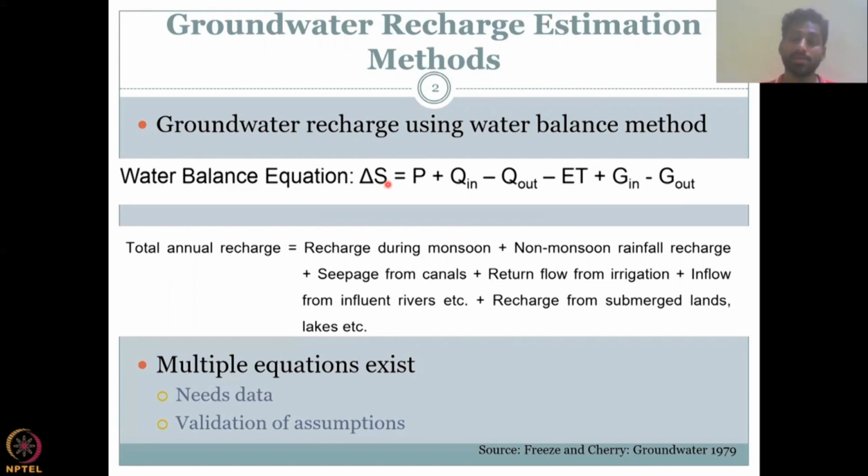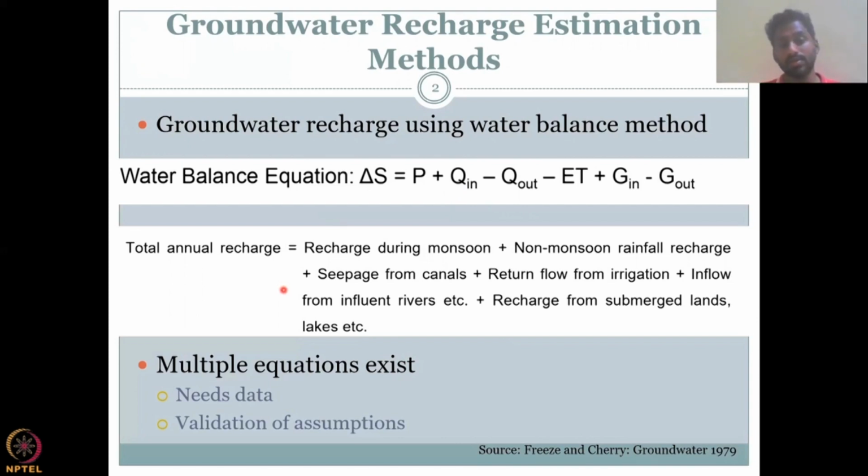So the net is your del S, change in storage. The storage can be multiple storages. One is your tree plant interception storage, one is your surface water storage, one is your soil storage, and then your groundwater storage. So it depends on where you use this equation.